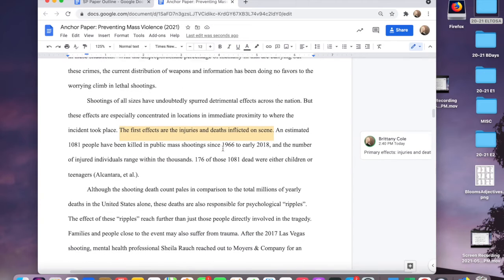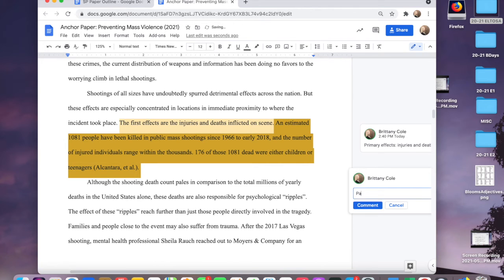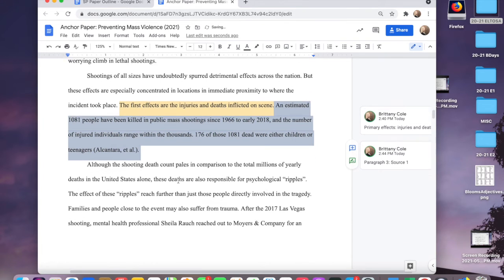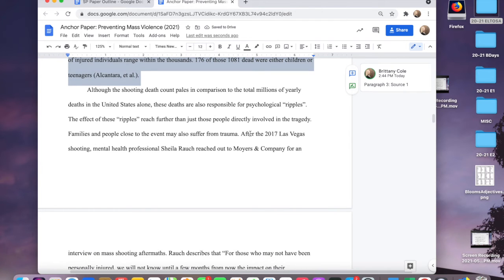All right, now I'm moving on to paragraph 3. So this is a paraphrased piece of evidence, this section right here, an estimated 1,081 people. This author is putting it in their own words, but using the research material. So paragraph 3, source 1. So there's no other sources, so we're moving on.